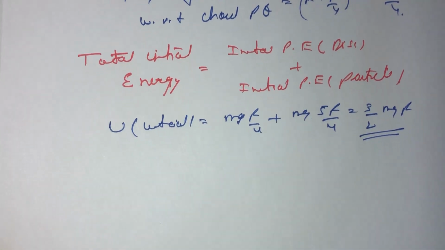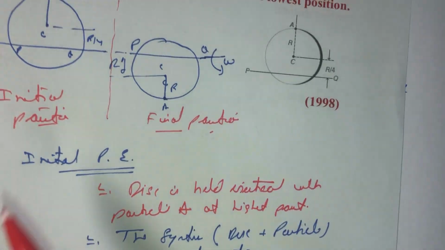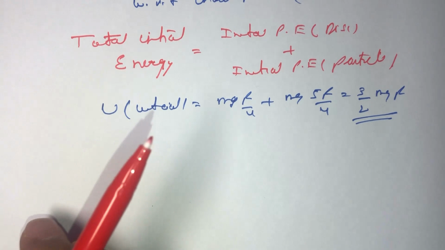So this is our initial potential energy or total energy when your disk is above the chord PQ, without rotation basically. It is on the top side of the chord PQ.